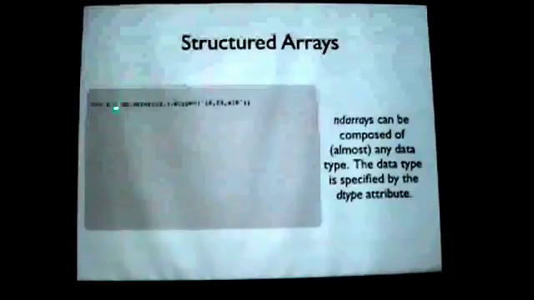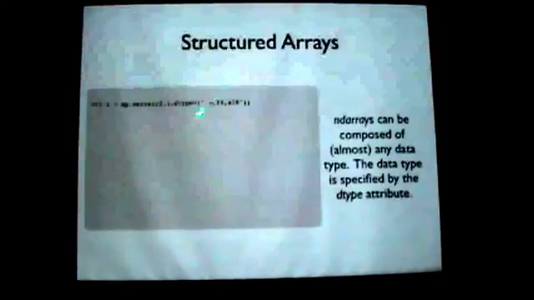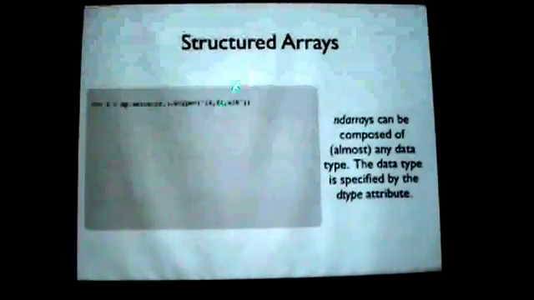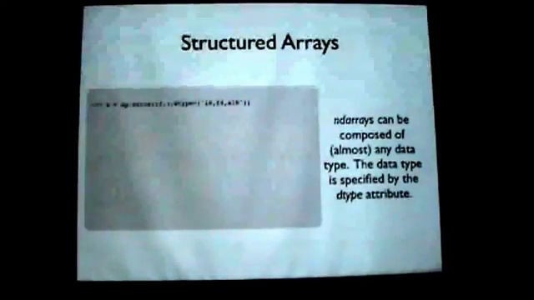So in this case, I want to create an array that has this size where each individual element is going to be 0, but all of the zeros are going to be represented slightly differently. So I'm going to have a 4-byte integer, a 4-byte floating point number, and a 10-character string.